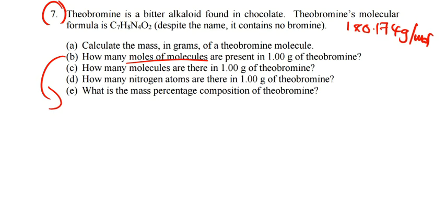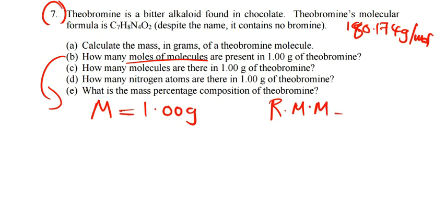We are given the mass there. Take note, the mass is 1.00 gram in this question, and we did calculate the relative molecular mass of theobromine. I think that is sufficient information to help you determine the number of moles, right?